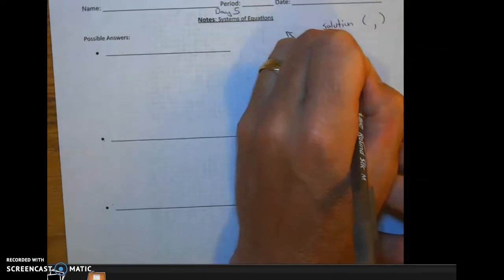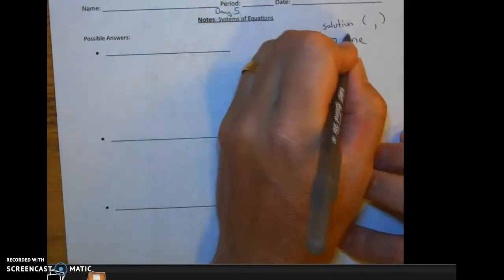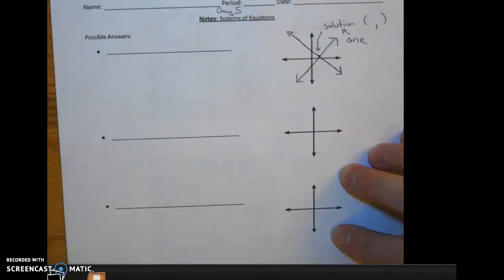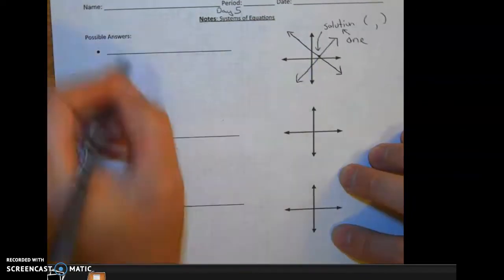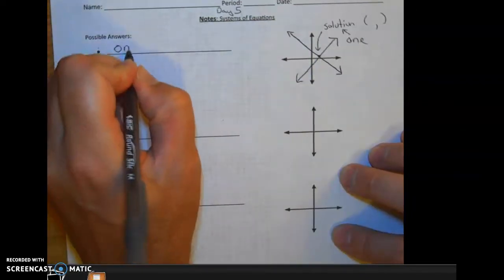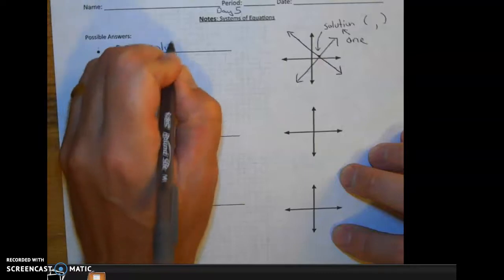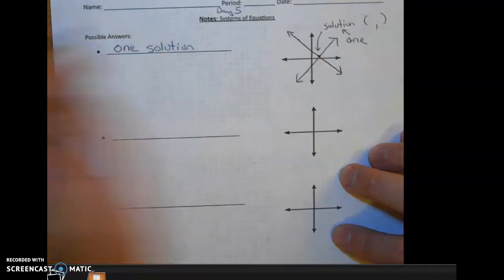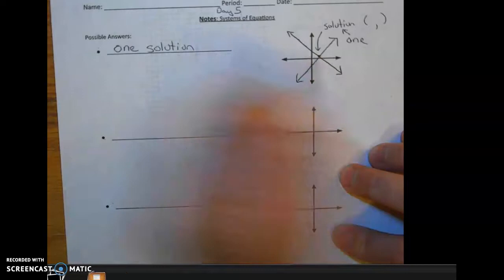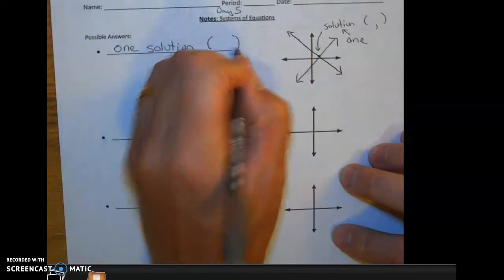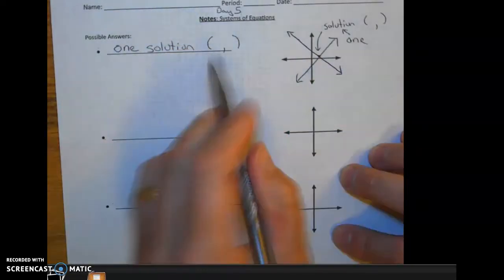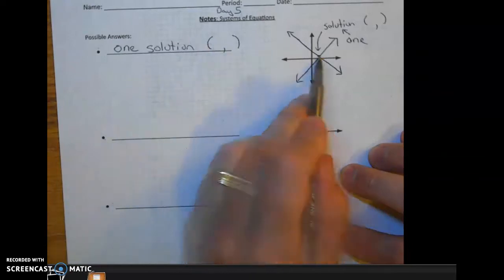It's one solution. That's where they intersect. Okay, and then when you find the coordinates of that point, you would write that point as a coordinate, as an ordered pair of that point right there.